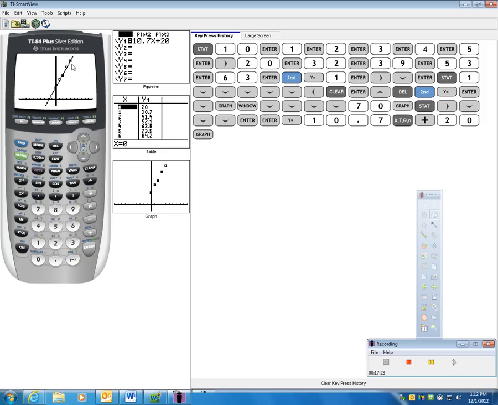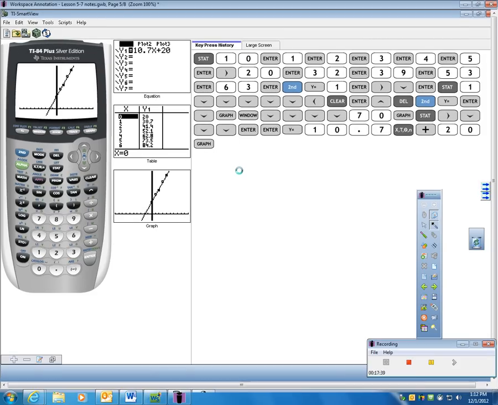Now, what they want me to do in number 5 is a linear extrapolation. They want me to find the value of y when x is 10. So remember, this was my equation. To find the value of y when x is 10, all I've got to do is plug in 10 for x.